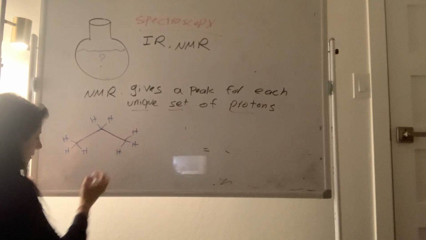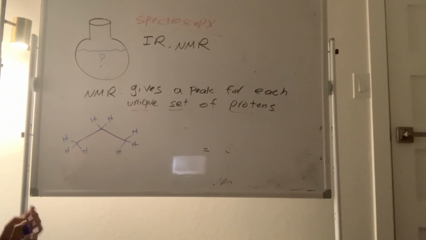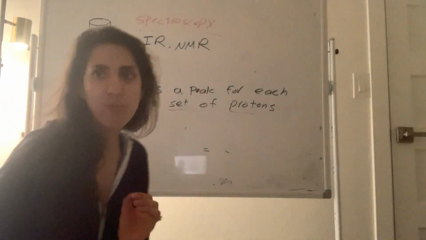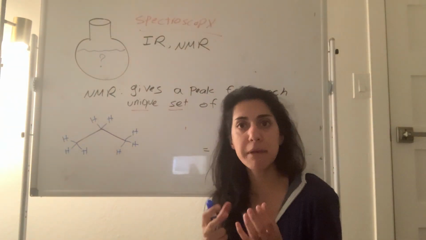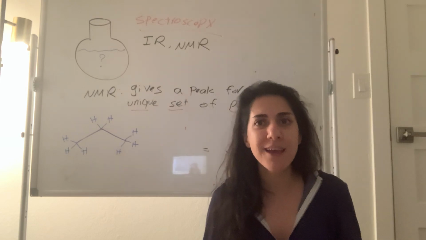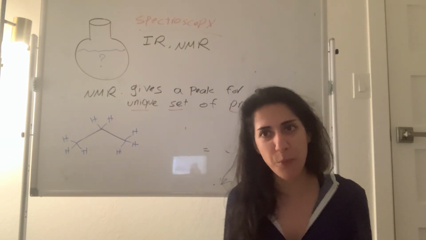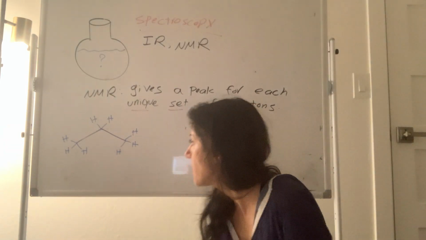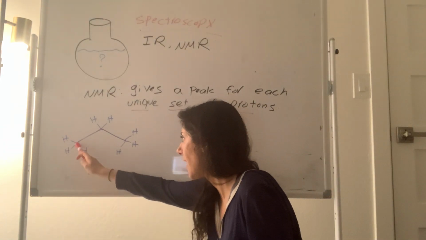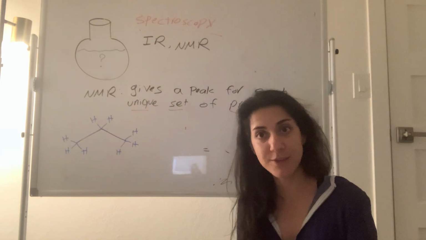Now what are we going to figure out? We're going to figure out how many unique sets of protons propane has. Basically, how many peaks am I going to see on an NMR for propane? Okay, you guys ready to do this? Now, these three hydrogens are attached to the same carbon. Do you agree?